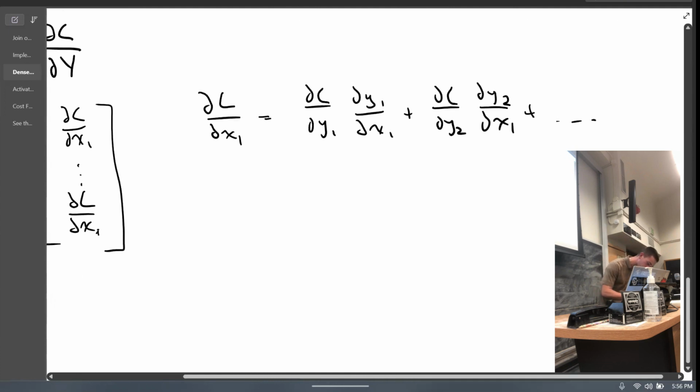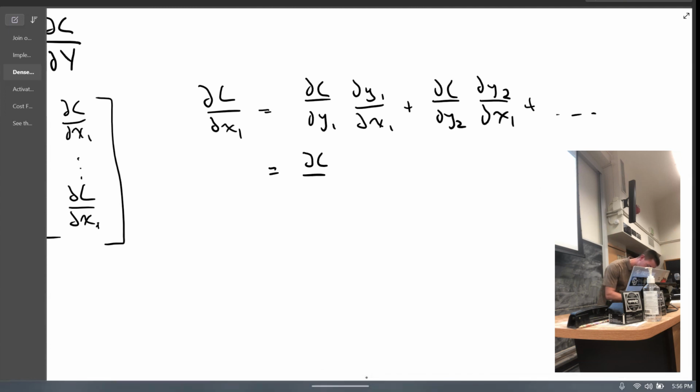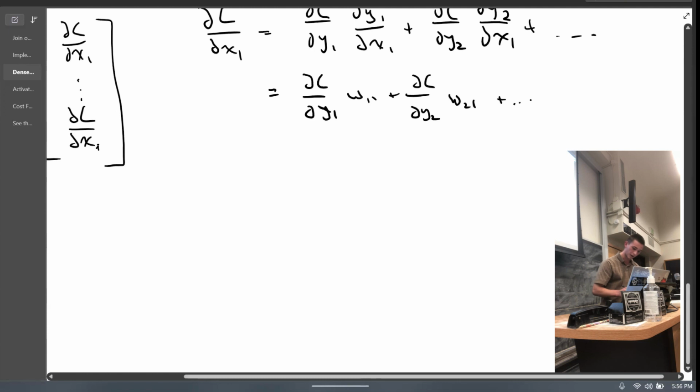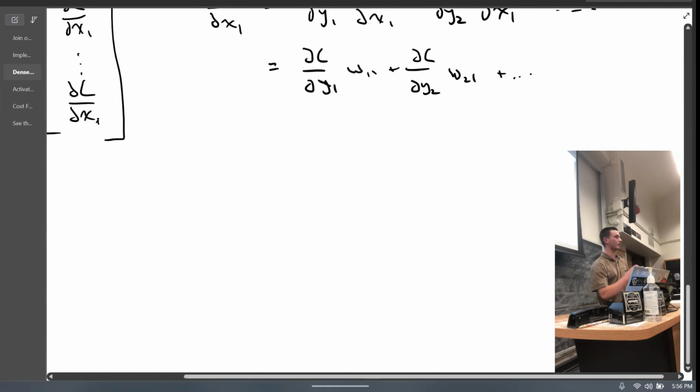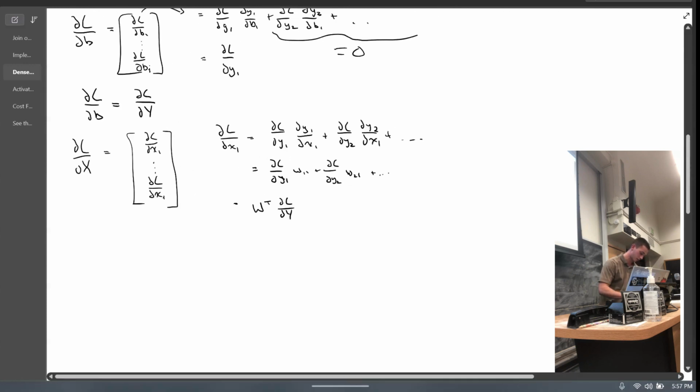So we get partial C, partial x1 equal to the sum of these terms times w11 and so on. I think it's a lot more illuminating when you write it all out, but I'm going to speed through this a little bit. This gives us the matrix equation W transpose times the derivative with respect to Y.